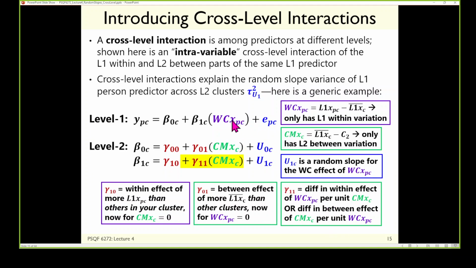So this is the idea of the person predictor having a slope predicting people outcomes. The interaction term is going to make that more positive, less positive, more negative, or less negative. In particular, the coefficient is how that slope changes per unit of the cluster variable. Ta-da! That's the only other new concept. The rest of it is a lot of elaboration.